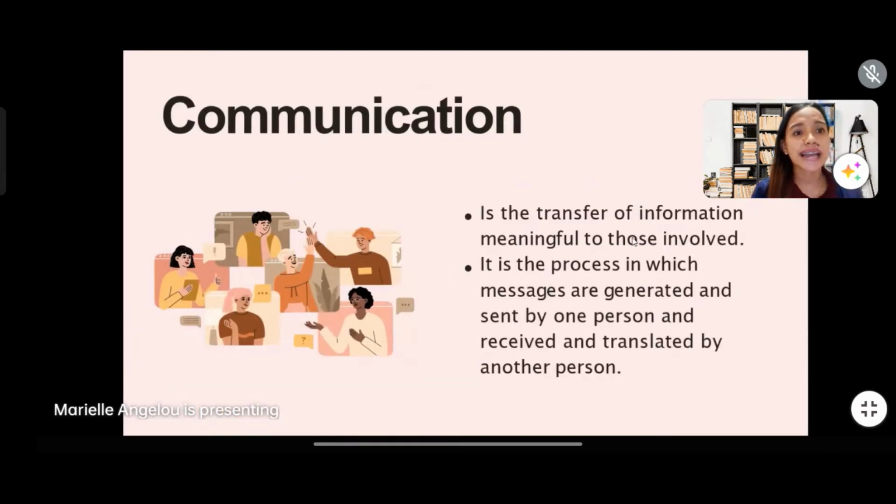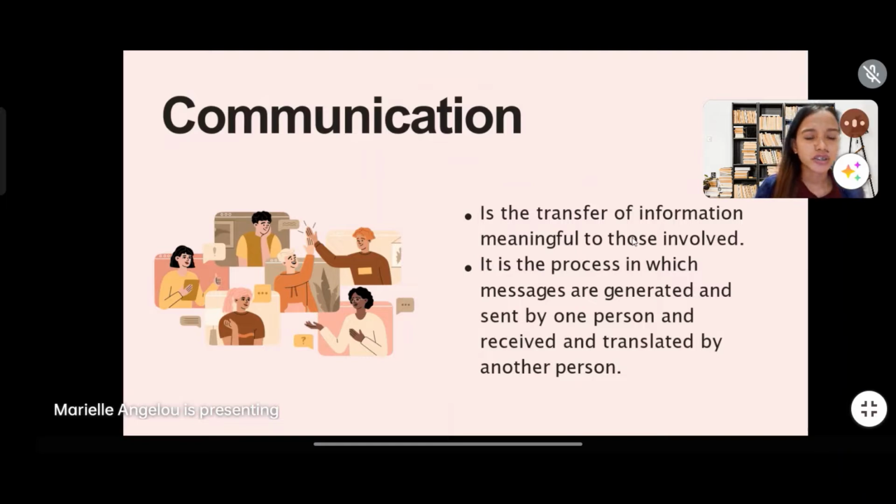Communication is the transfer of information meaningful to those involved. It is also the process in which messages are generated and sent by one person and received and translated by another person. So again, communication is a two-way process.